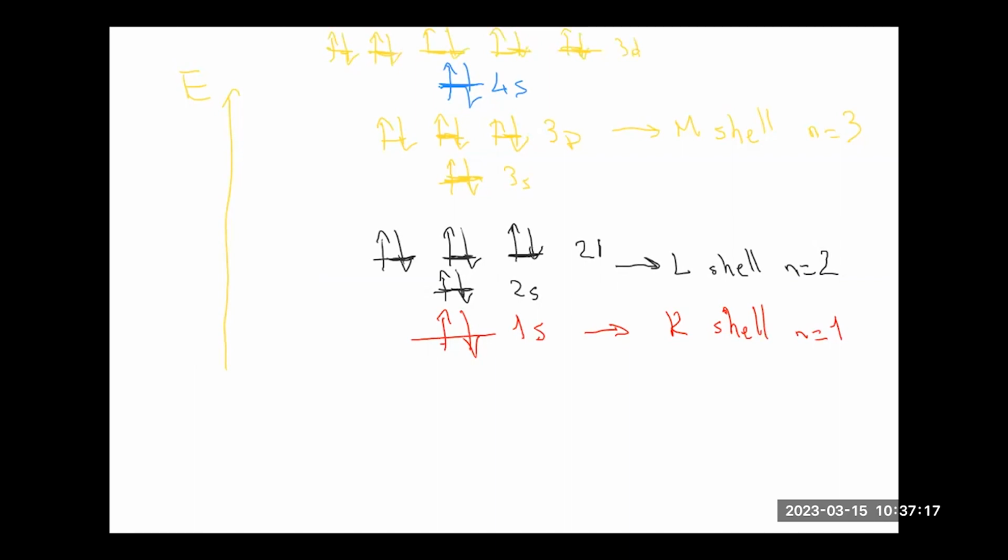Then what's next? We have 4p and 4d, right? N shell. N is equal to 4.